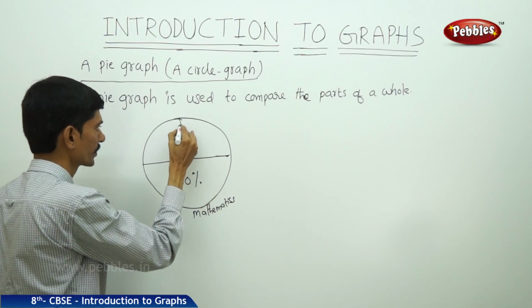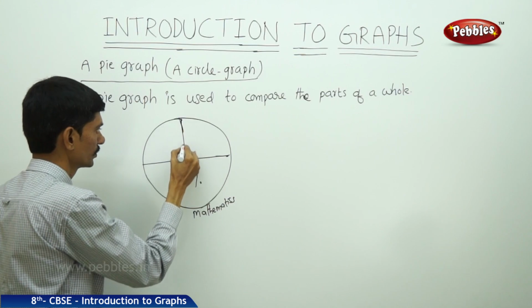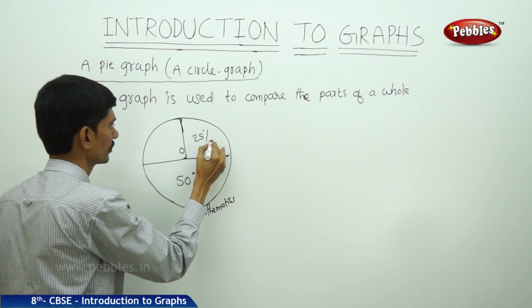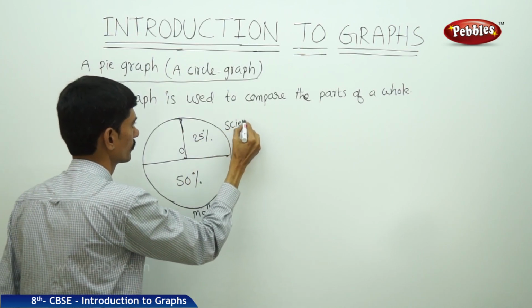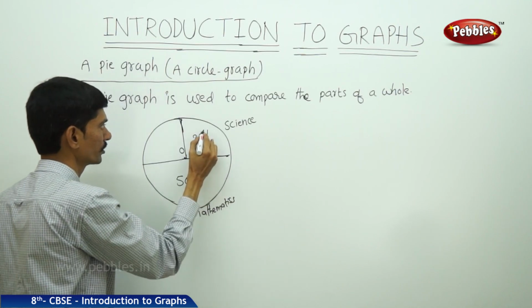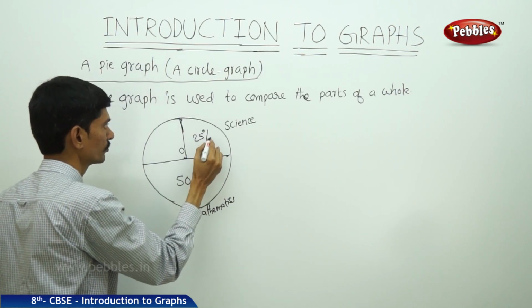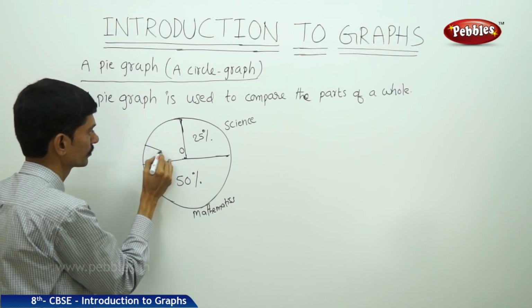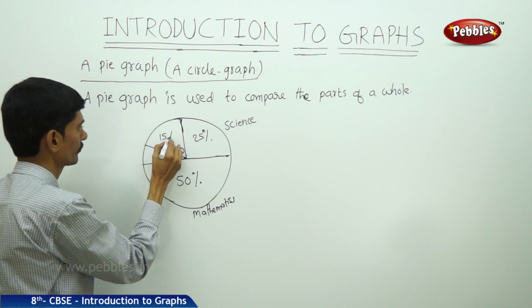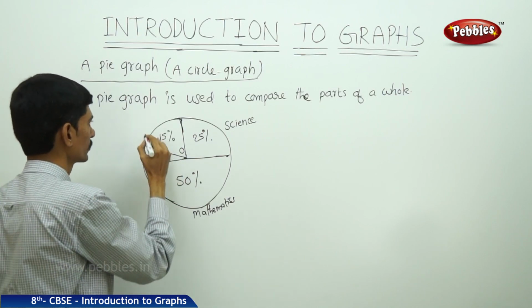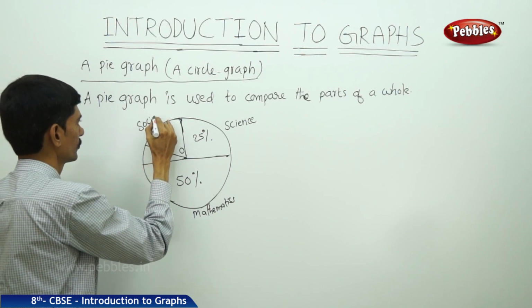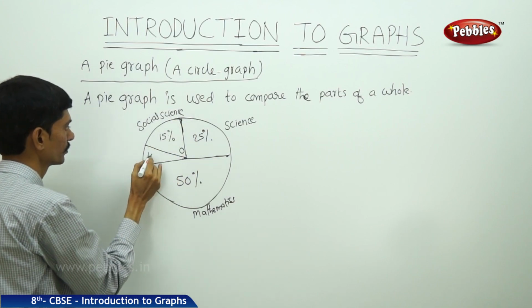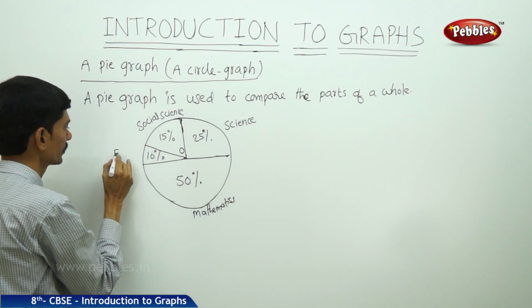And if 25% of the students like science, then this sector represents 25%, the number of students who like the science subject. And if for example 15% of students like social science and 10% of students like, for example, English.